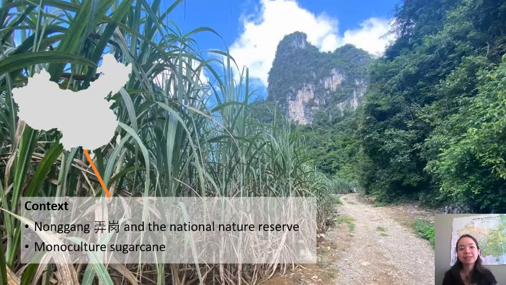It's encouraged by the policy that aims to turn this area into the sugar capital of China. I should also point out that the local villagers are also starting to utilize the unique biodiversity resource of this area, including the famous bird species, the endemic Nonggang babbler, to establish ecotourism opportunities around bird watching.